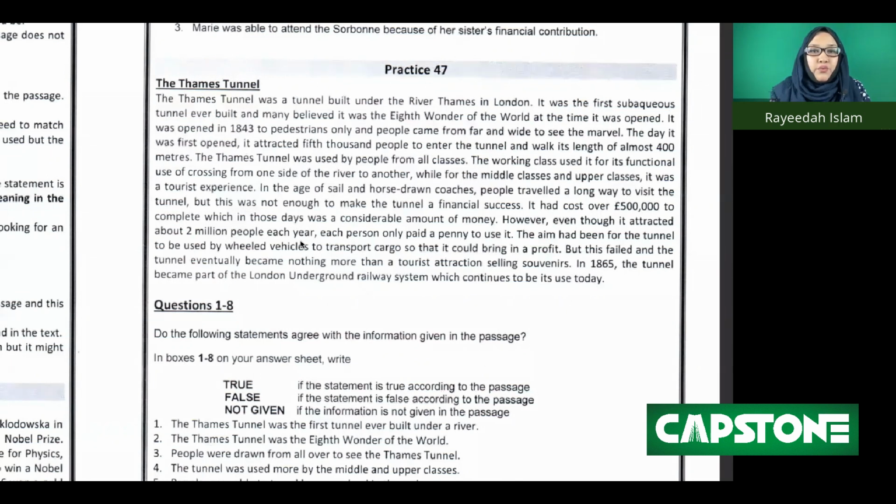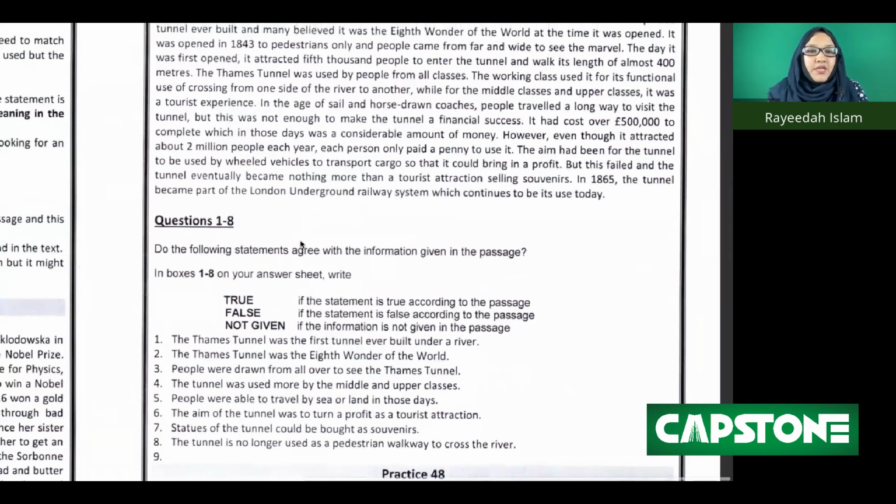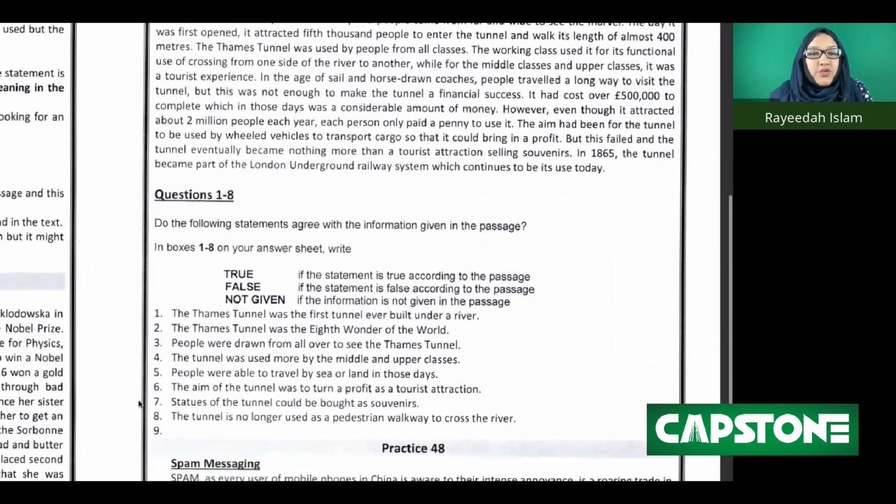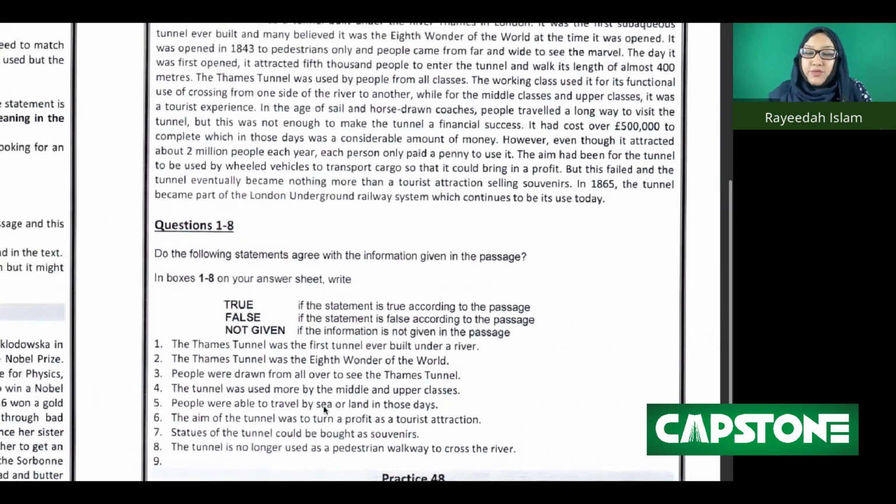Where do we go? Here. All right, so let's read questions 5, 6. People were able to travel by sea or land in those days. Okay, and আরেকটা হচ্ছে the aim of the tunnel was to turn a profit as a tourist attraction. Let's see, দুটো এখানে বলা আছে নাকি? Okay, all right.